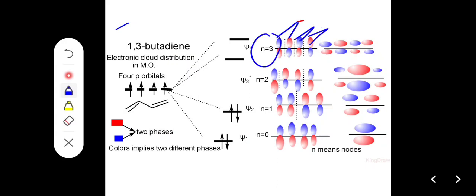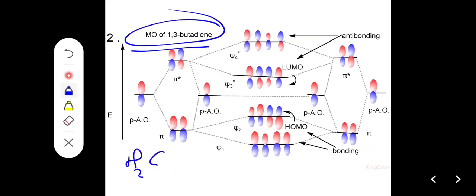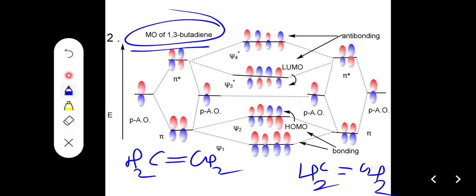Now consider why the HOMO-LUMO gap should be decreasing. When butadiene is produced, it is produced due to the combination of 2 ethylene groups, 2 CH2 CH2, and ultimately we get butadiene. So this is the p atomic orbital of ethylene and the p atomic orbital of ethylene.